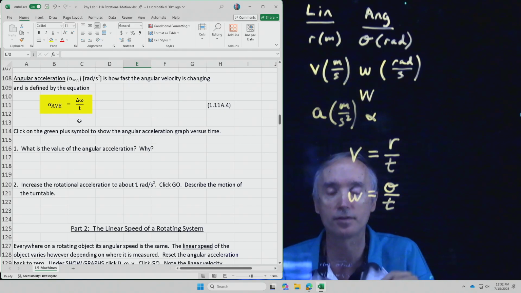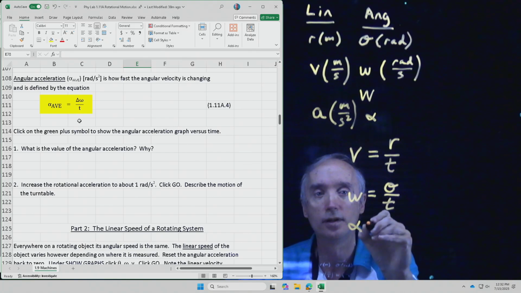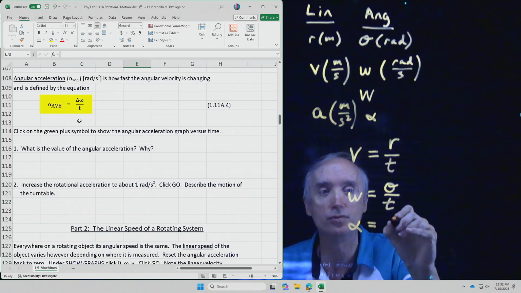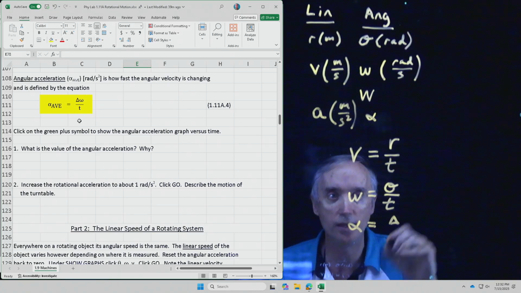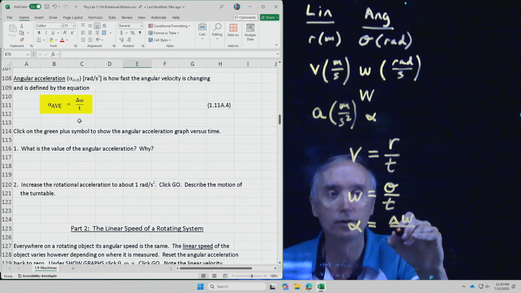So let's look at the formula here. So alpha is going to be equal to the change, triangle, the change in omega over t.